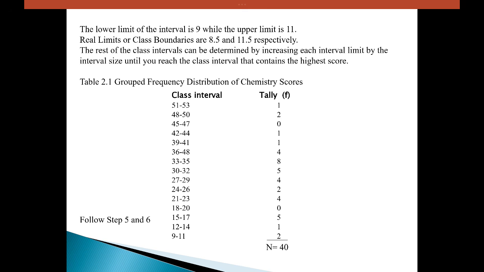It should not be equal to 41 or 39; it should be equal to 40 because there are 40 students or 40 scores in total. So this is your group frequency distribution table of interval data. This is how you create your frequency distribution table.